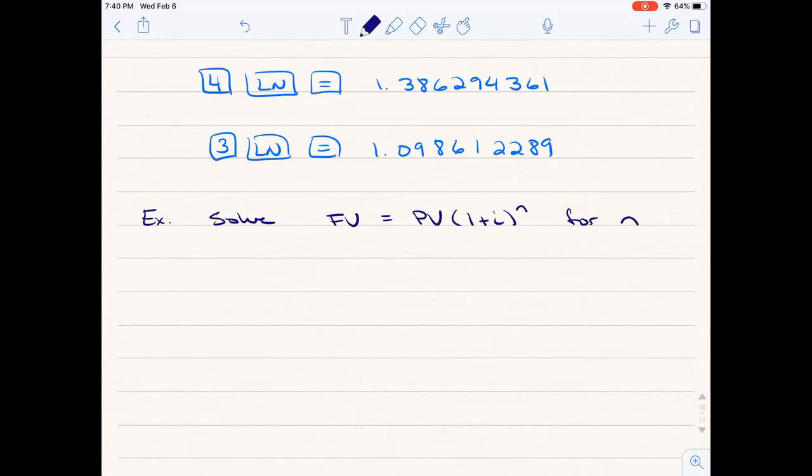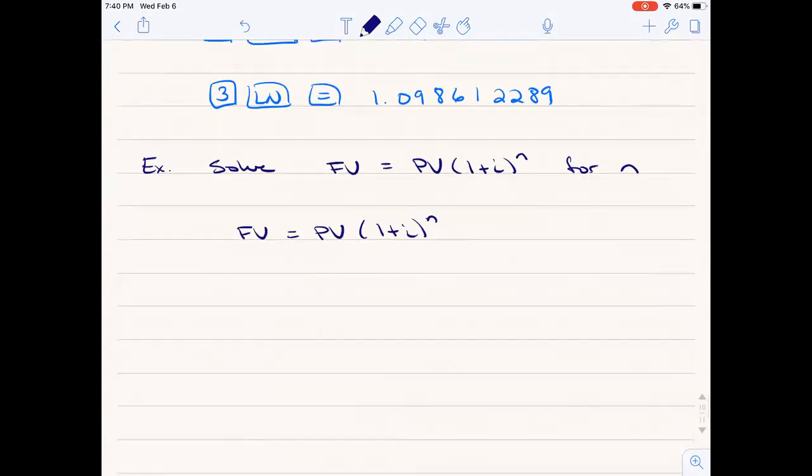So how we're going to work this is, we have the future value is the present value times 1 plus i to the power of n. Trying to get n on its own, right? We have to divide both sides by the present value. So we get the future value over the present value is 1 plus i to the power of n.